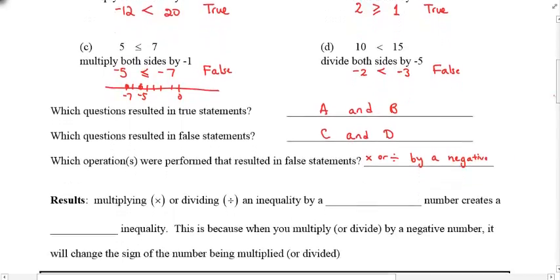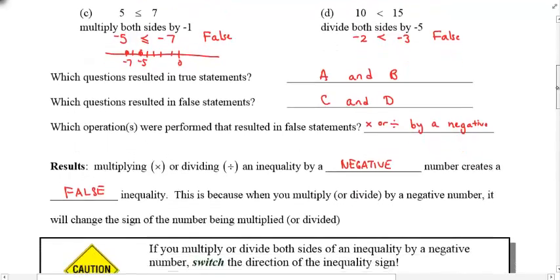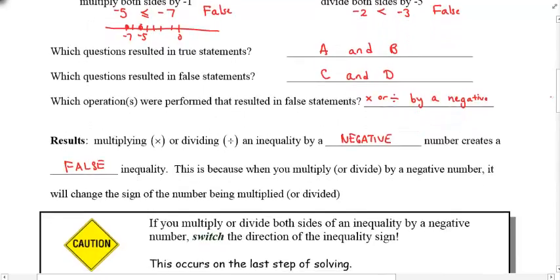So, what do you conclude? Well, multiplying or dividing an inequality by a negative number creates a false inequality. No good. Why? When you multiply or divide by a negative number, it changes the sign, and therefore the inequality does not make sense.